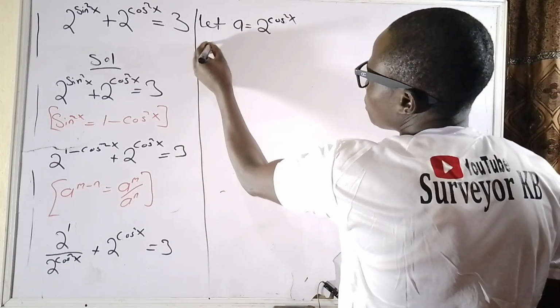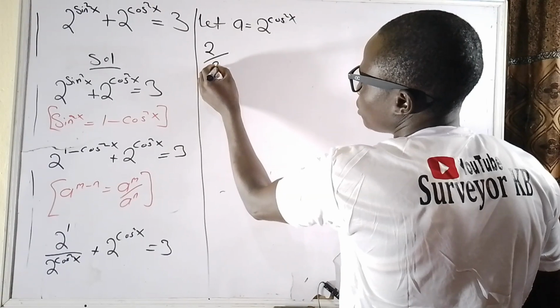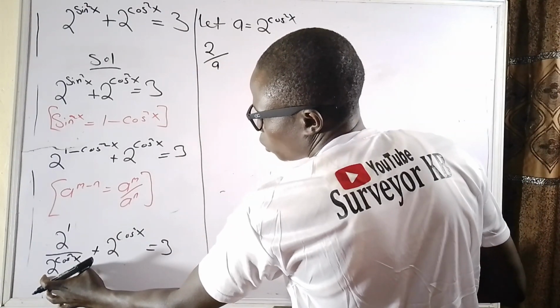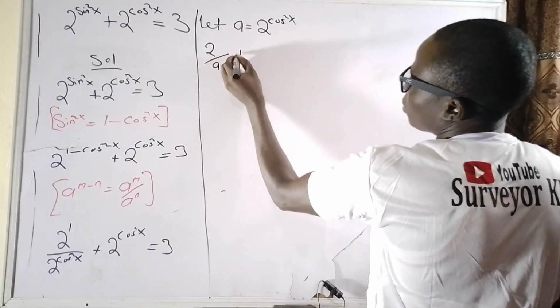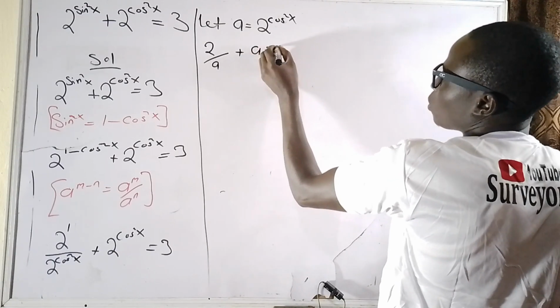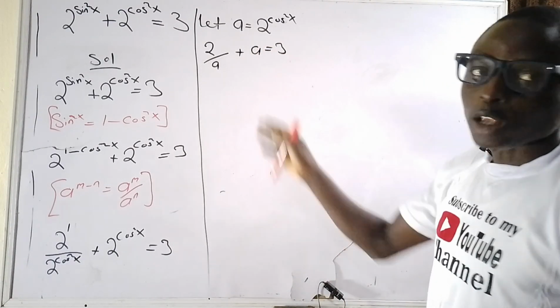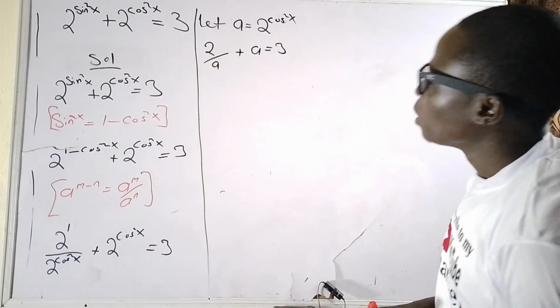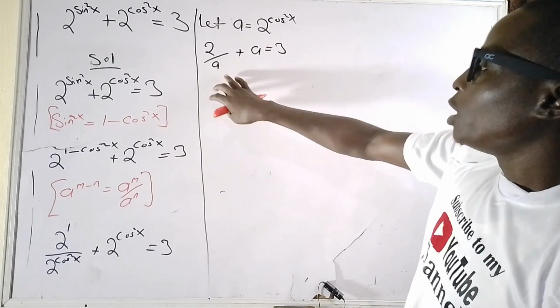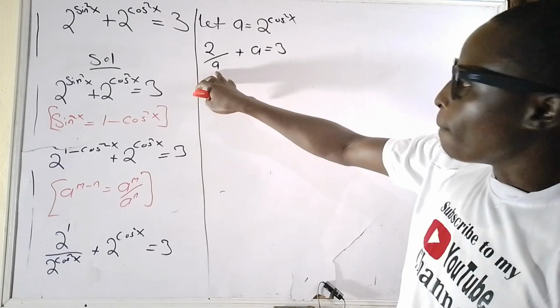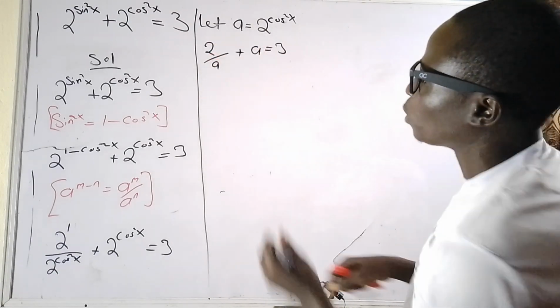So this is the same thing as 2 over a, because of this 2 raised power cos square x, plus a is equal to 3. We can see that it is getting simpler as we reach this particular step. So the next thing is to multiply each individual term by this a so as to clear this fraction.